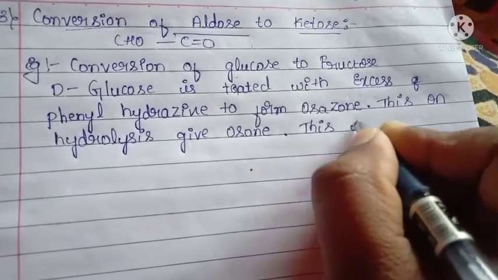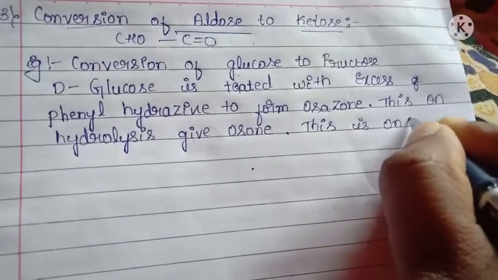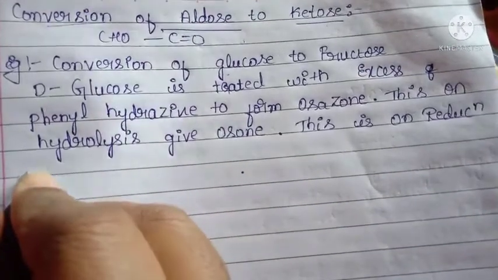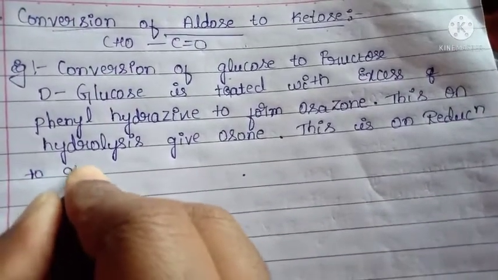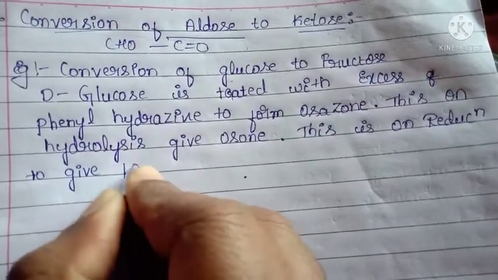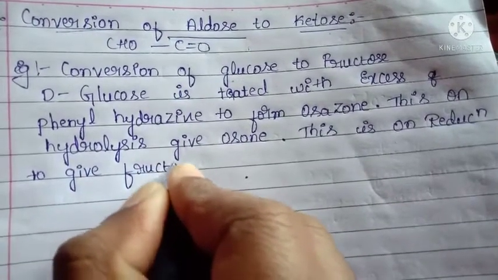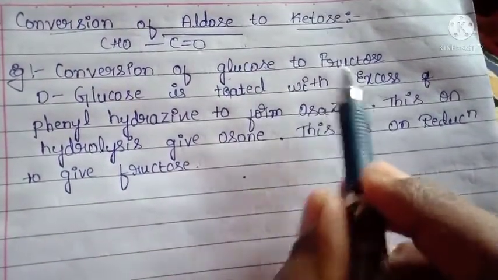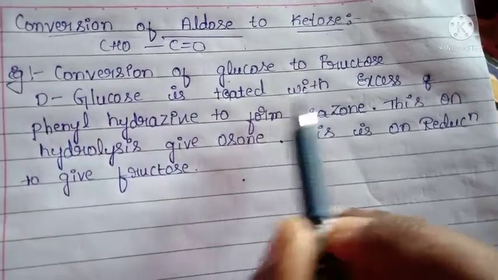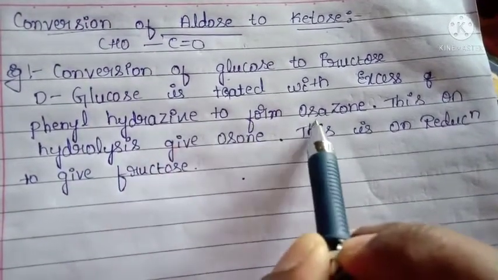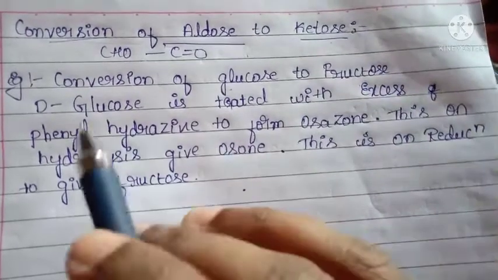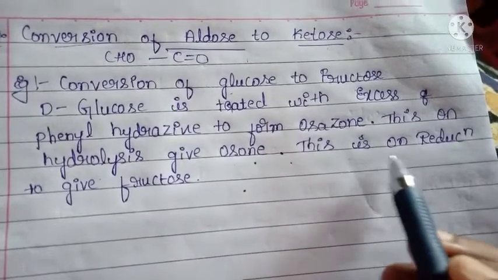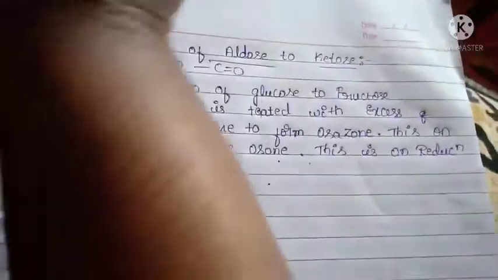This is on reduction to give fructose, okay. This is the conversion of glucose to fructose. Here D-glucose is treated with excess of phenyl hydrazine. We know that it gives an osazone. This is on hydrolysis to give osone, okay. This is on reduction to give fructose, okay.